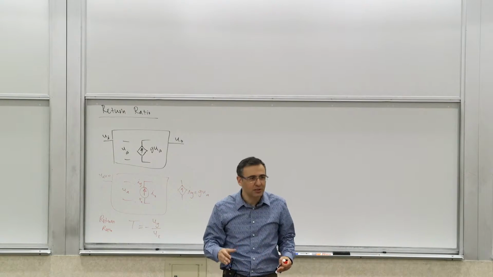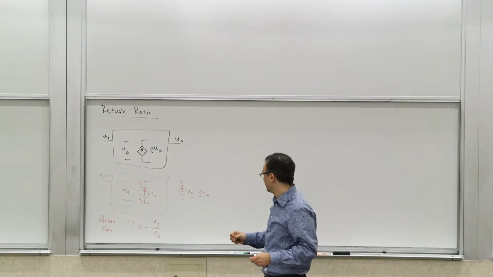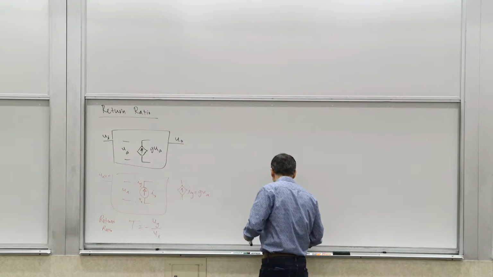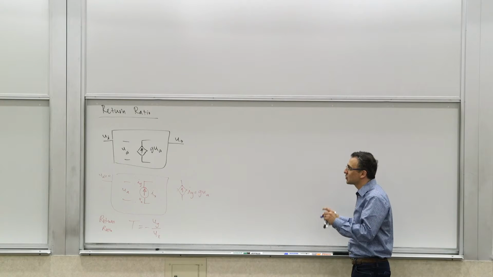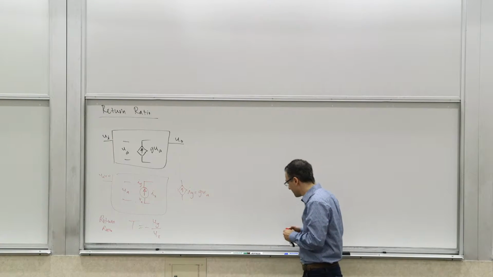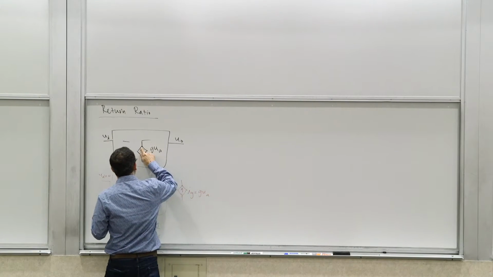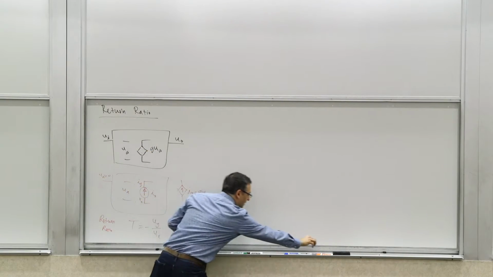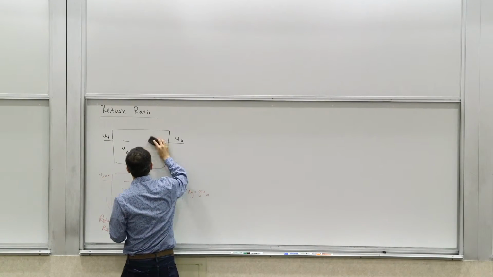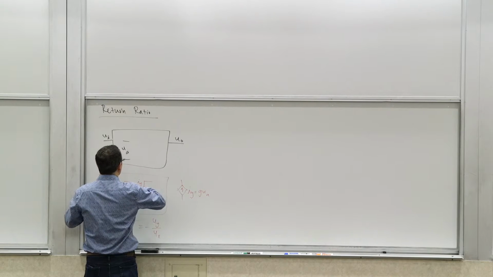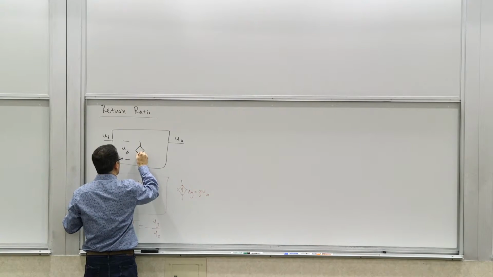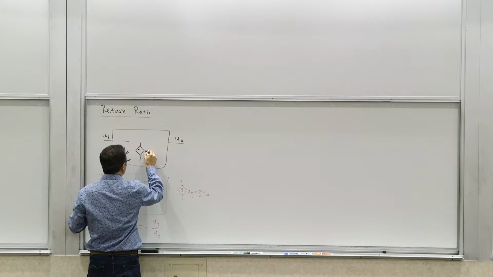So this looks kind of messy and ugly. So what we actually do is something that, again, may initially seem even more confusing, but it shouldn't. Let's say this was a current source. This was our dependent current source sitting here, GUA.